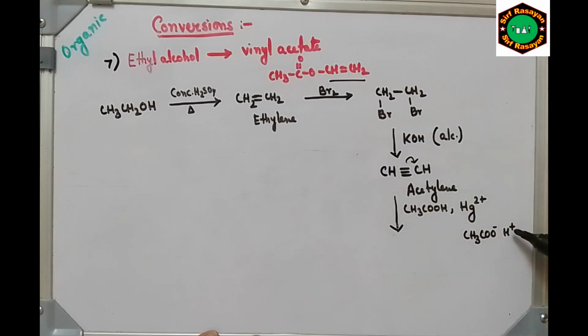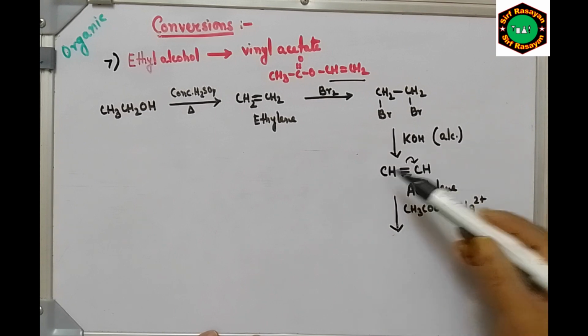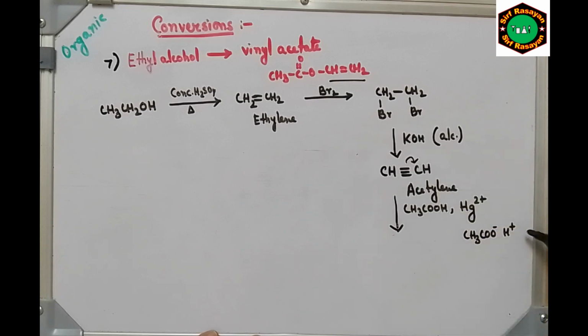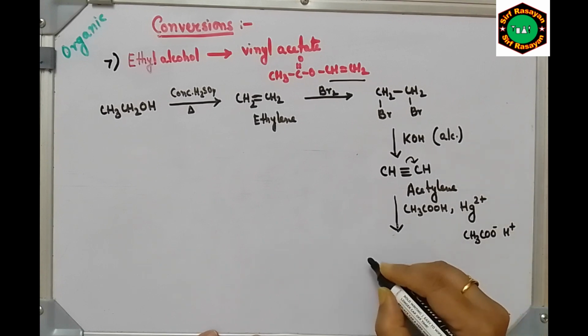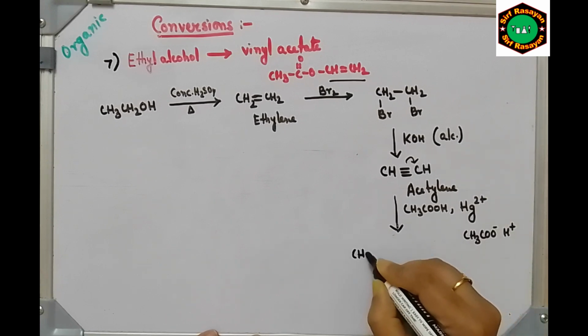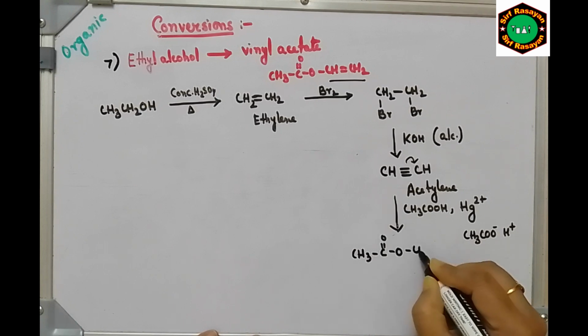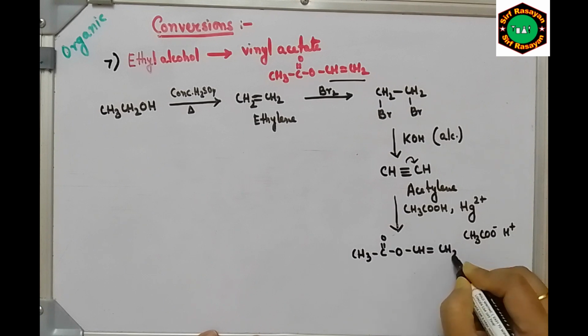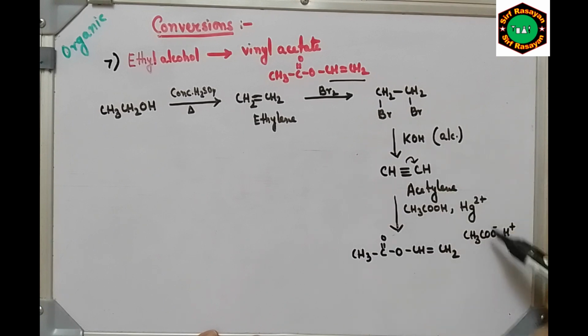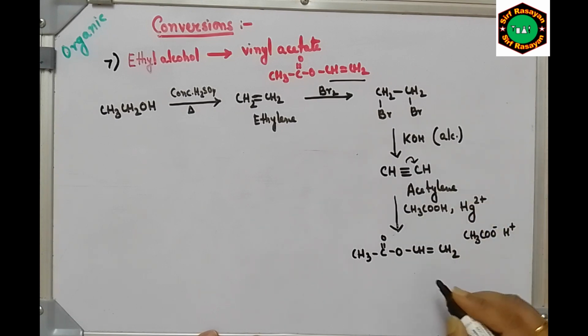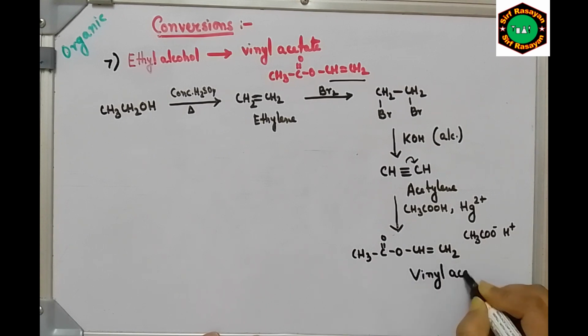In the plus part, CH3COO minus will be attached and in the minus part H plus will go and we will get CH3, C double bonded O, O, CH double bond CH2. Here H plus is going and in this part acetate ion is going. We are getting vinyl acetate. This is vinyl acetate. This is used to prepare vinyl polymers.